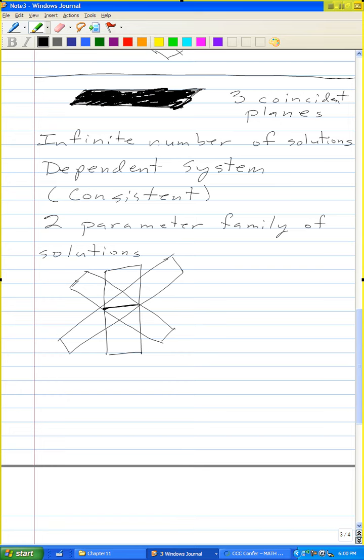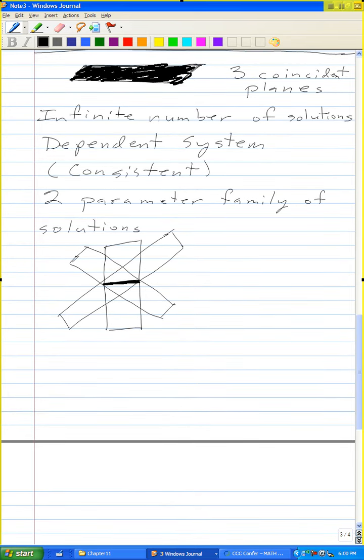Here, every point on the line is a solution. And so this is the case where they have one line that is the same. And so this will give you a one parameter family of solutions. So the actual solution will just be a line as compared to a plane.